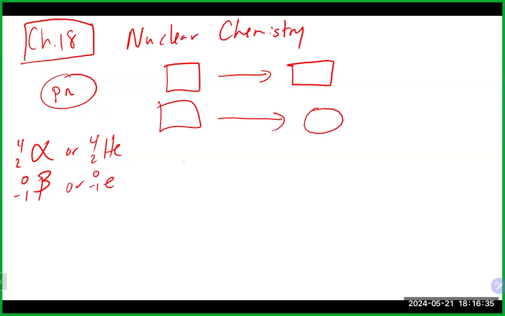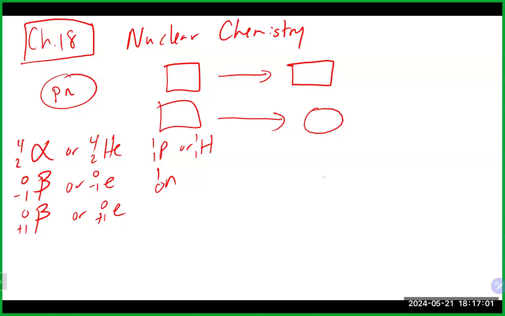We also had positron particles, which use pretty much the same symbols as our beta particles, but it is +1. We also have protons, which is kind of a normal thing, and neutrons as well. These are very common particles that we see.